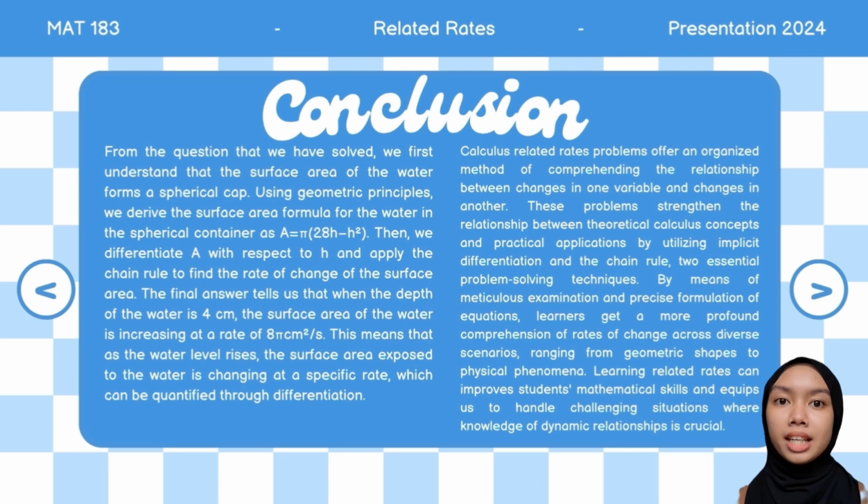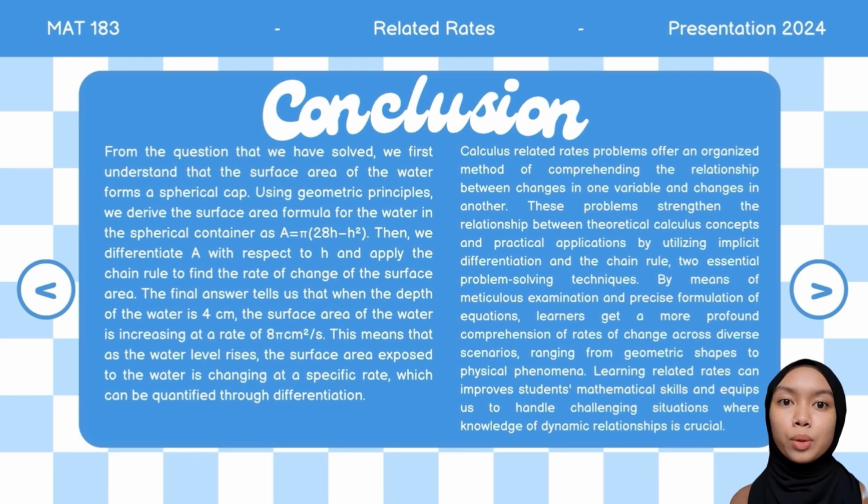Then, we differentiate A with respect to h and apply the chain rule to find the rate of change of the surface area. The final answer tells us that when the depth of the water is 4 cm, the surface area of the water is increasing at a rate of 8 pi cm squared per second.